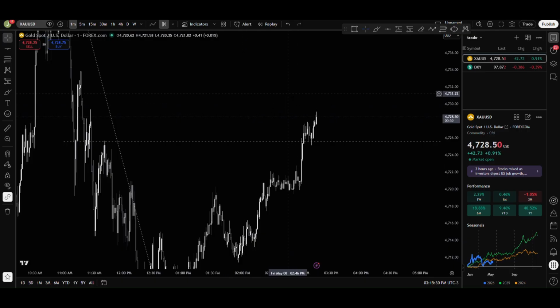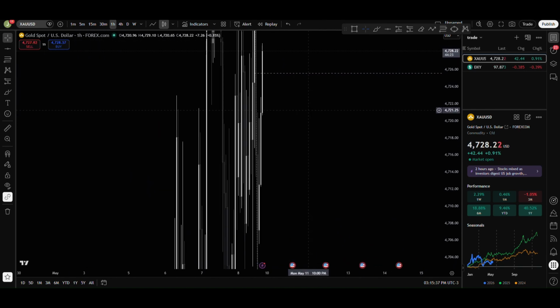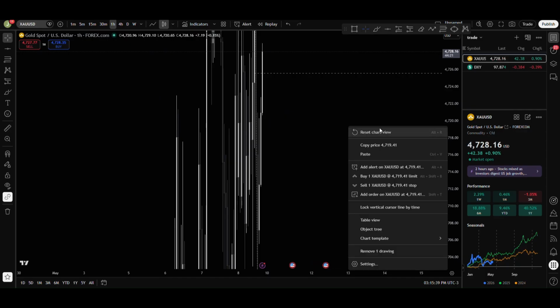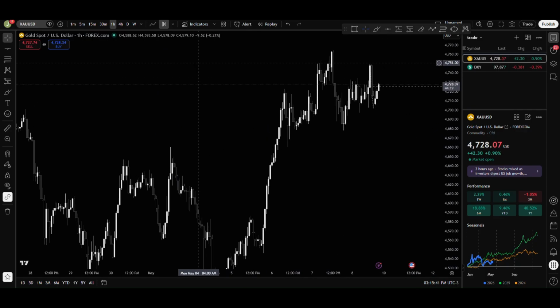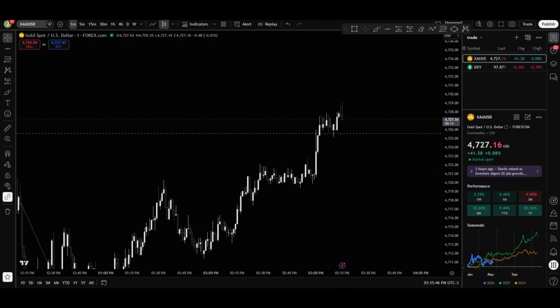Two o'clock open, push bullish. 3 o'clock open, push bullish. Okay, that was a nice break. Wait to see if we get a pullback here.